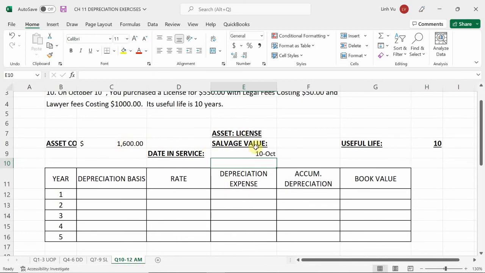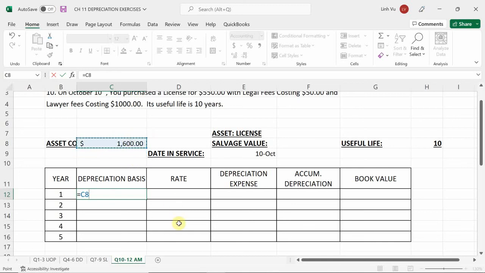Okay. So that means, what does that tell you? When do you start depreciating it? You depreciate it in October. So what's my amortization basis? $1,600. It's just 1,600 because in this case we don't have a salvage value.